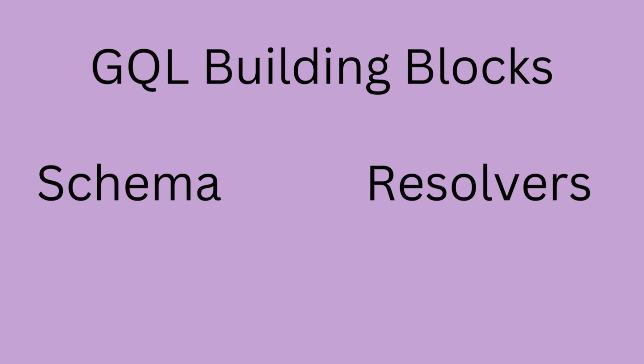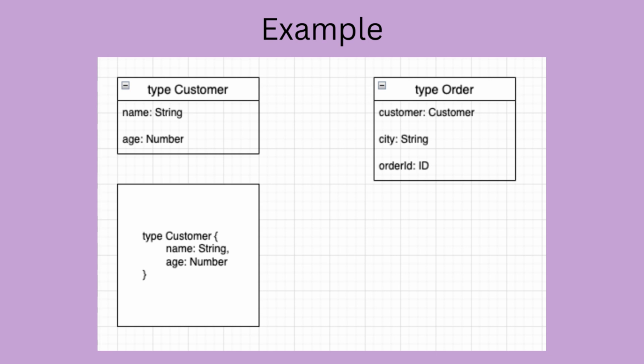Now, what are the core building blocks of GraphQL? You have two key things. One is schema and the other is resolvers. Schema we just talked about. Resolvers are nothing but how you get data which you want to expose to the client. For example, in the previous case, you have this customer type.